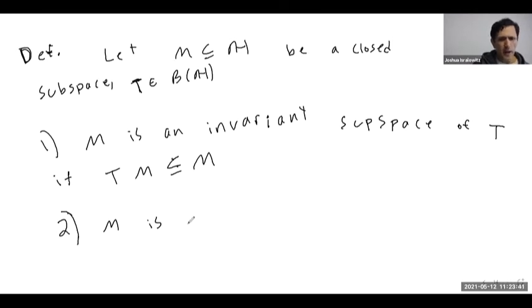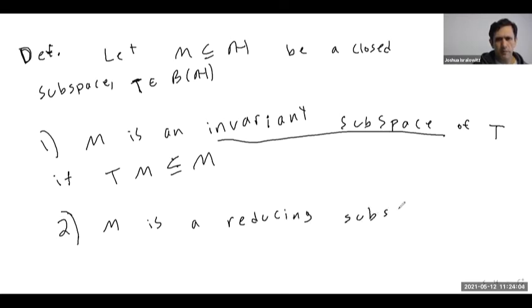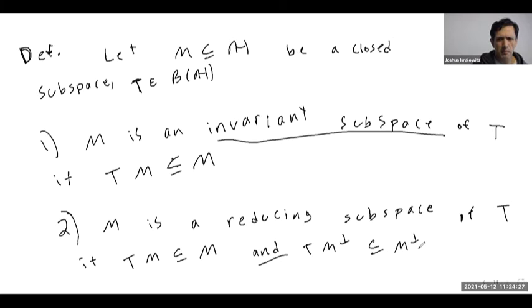Anyway, we say M is a reducing subspace of T if both T M is a subset of M and T M perp, the orthogonal complement rather, is a subset of the orthogonal complement.